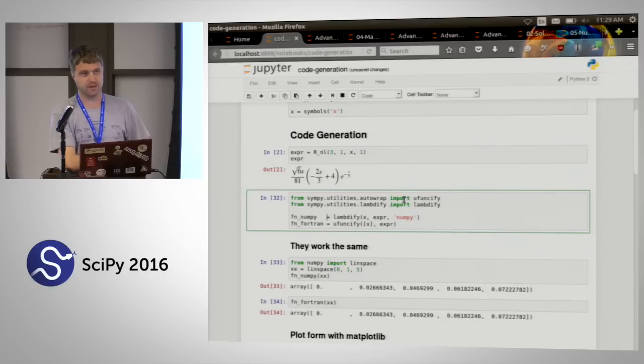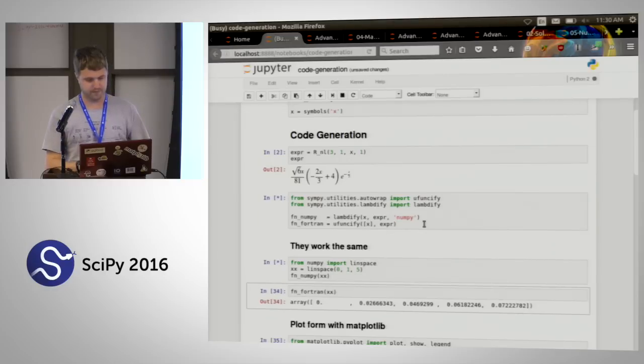Another function that you can import from SymPy utilities autowrap is ufuncify. What this is going to do is compile a NumPy ufunc for this expression, I think using either C or Fortran.